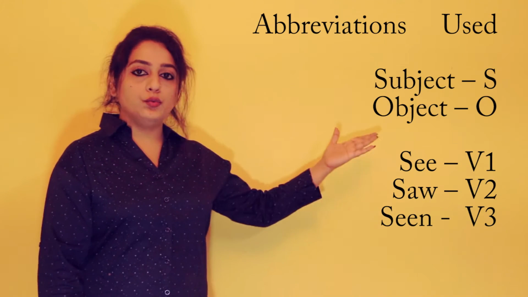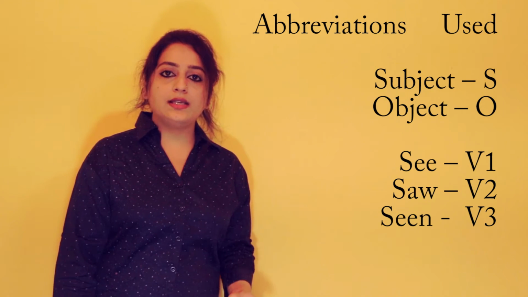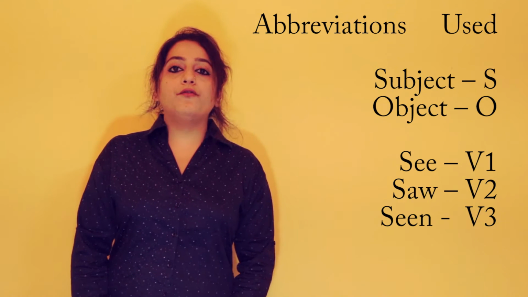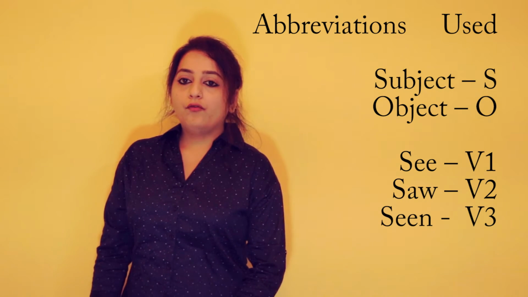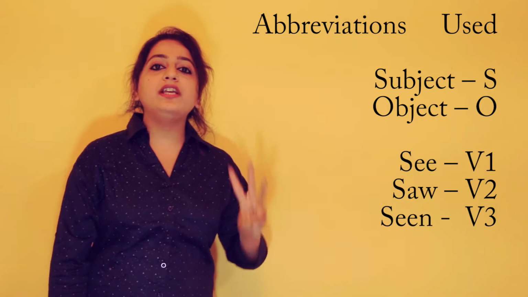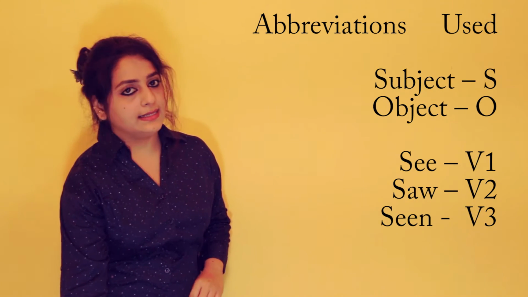So before we start the structure, we should see some abbreviations used in this video. Like for subject we'll be using capital S, for object we'll be using capital O, V1 for the first form of verb, V2 for the second form of verb, and V3 for the third form of verb. So we should move on to the next slide.